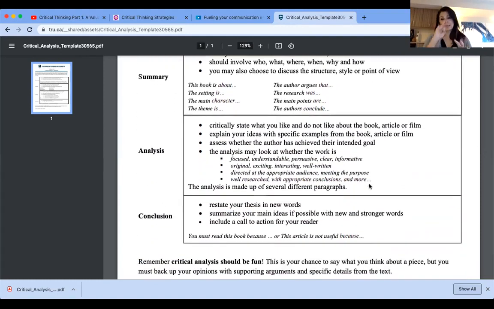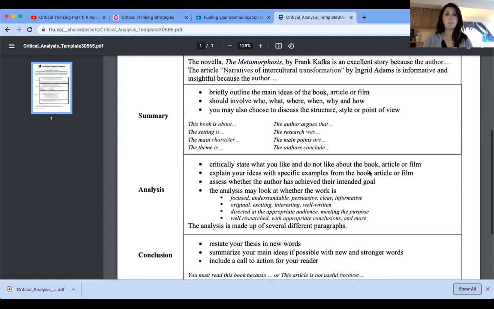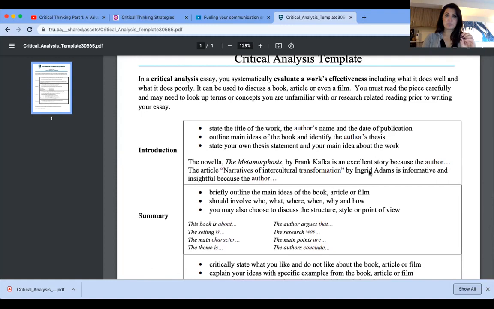In the critical analysis, because we're talking about the debate analysis, right? In the critical stage of the analysis, you say what you like or do not like about something. In the content that you're reading, you need to explain your opinion, why you agree or disagree with that specific point of view. So recap, you need to find the issue when you're analyzing.